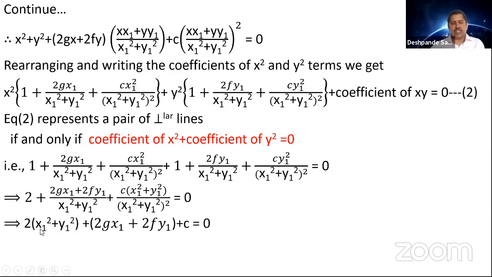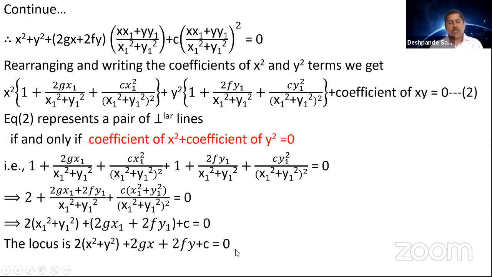Now, if you change the point, then these subscripts will go and you get some other equation. So you take the locus of this equation. What you get is 2 times x square plus y square plus 2gx plus 2fy plus c is equal to 0. So if you change the positions of P, what sort of equation do you get? Again, you get a circle equation.